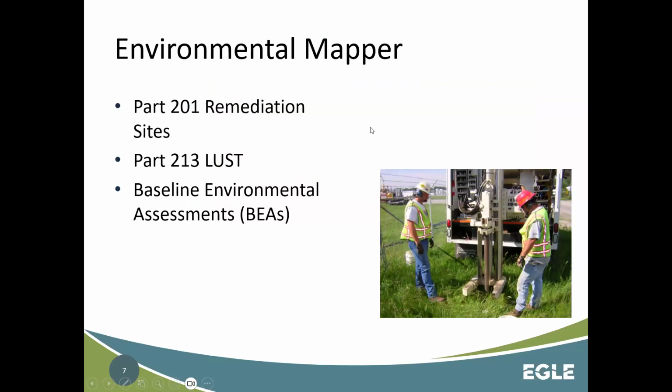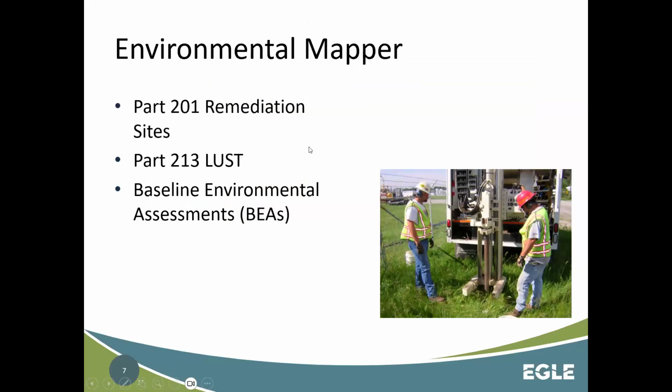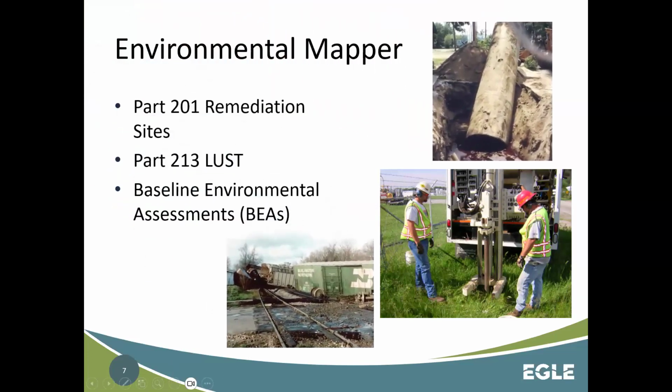So on Environmental Mapper, as you saw before, there are plenty of those icons and they all mean different things. They can mean a Part 201 site, which is any site like a waste disposal site, any sort of accidents, anything that's really not a Part 213 site, which Part 213s are underground storage tanks.